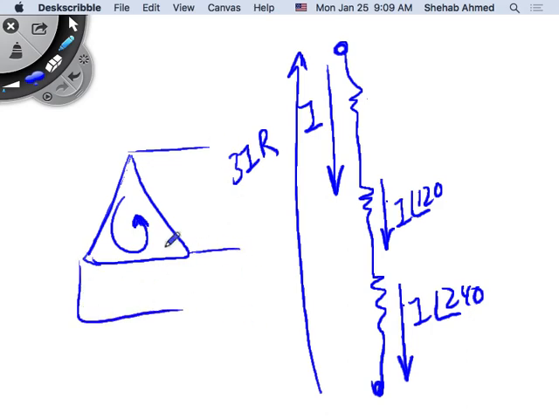If there is current circulating inside here continuously, then what's going to happen? I'm just heating up the phases. This current has no relationship with what's outside. Is there any relationship with what's outside? This is additional current that is circulating inside the delta.